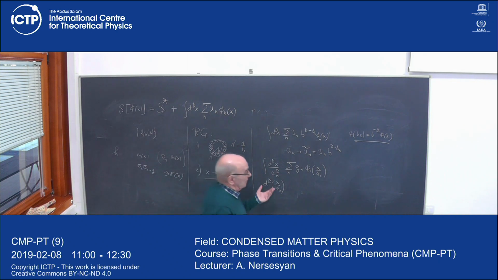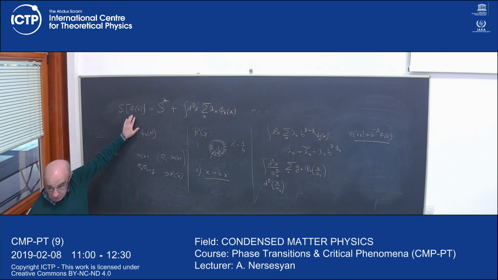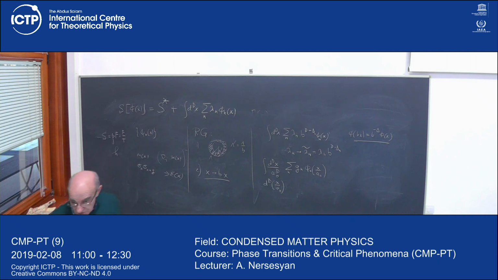In other words, my only assumption is that I can choose everything in such a way that the length becomes dimensionless. Now, the action has dimension 0. It's a dimensionless quantity. Why is it dimensionless? Because S in statistical physics is always beta F, which is F divided by T, energy by energy. So it has no dimensions. And the action, remember, in quantum mechanics, has a dimension of Planck's constant, energy times time.